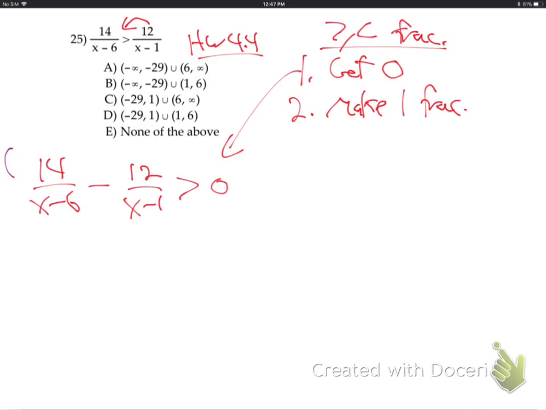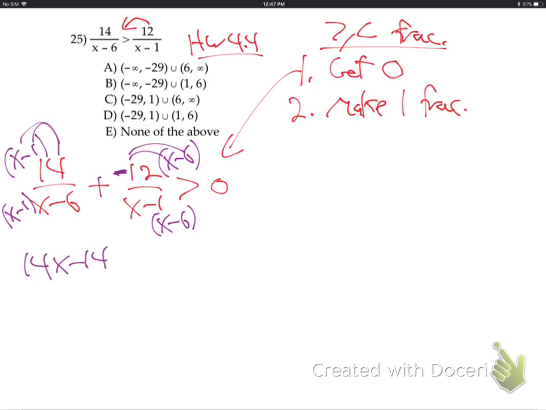Well, you multiply top and bottom by the other guy's denominator. x minus 1 top and bottom here. x minus 6 top and bottom there. Now you can see how that'll make both denominators the same. Now careful when you do that. This minus sign, I would put it right on the 12. Easy to mess up. 14 goes to these two.